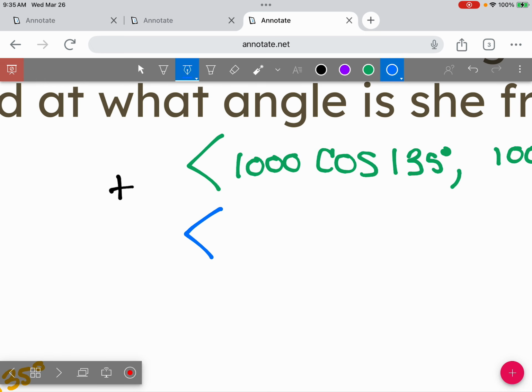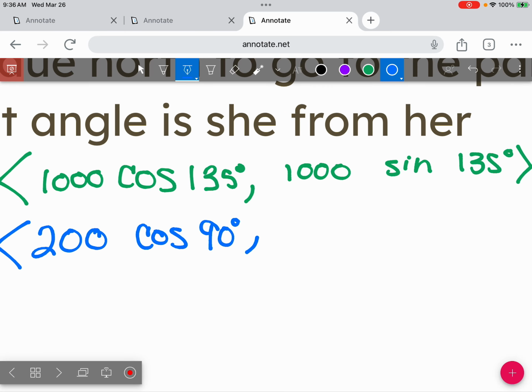Our magnitude is 200, and our angle is 90. So it's 200 cosine of 90 and 200 sine of 90.